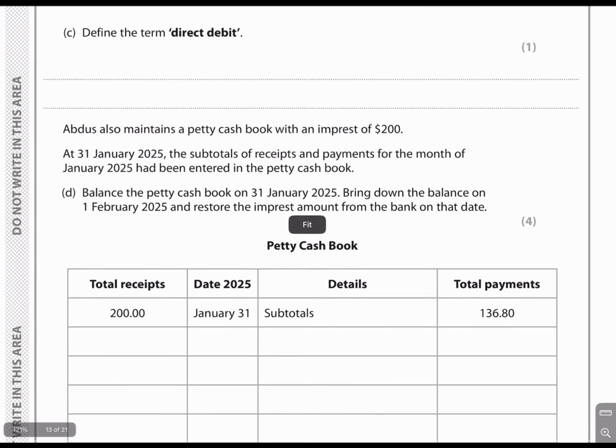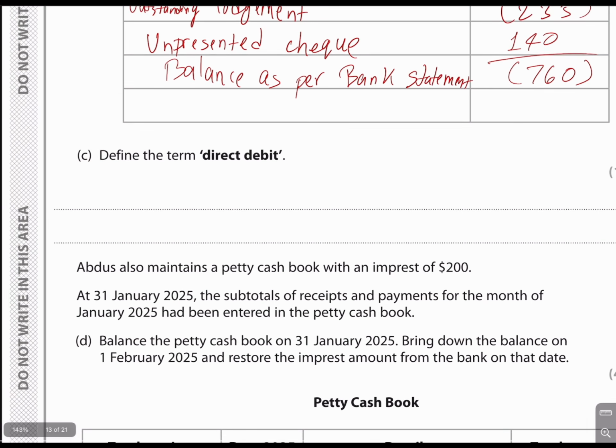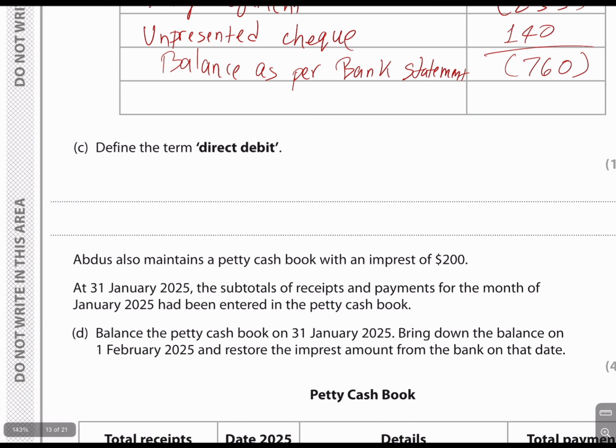And now we define the term direct debit. So what is direct debit? It's when you have granted any authority to pay a variable amount to your payee, right? You can write it like this: authority is granted to a third party.